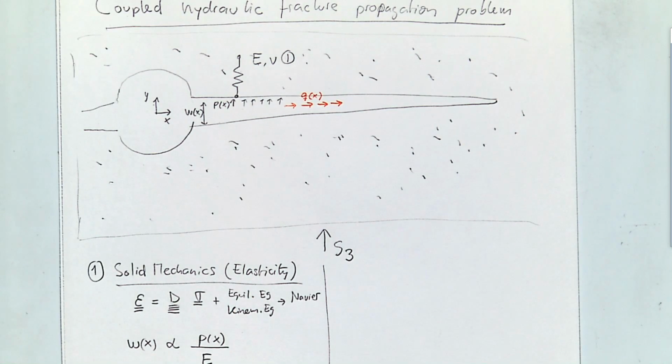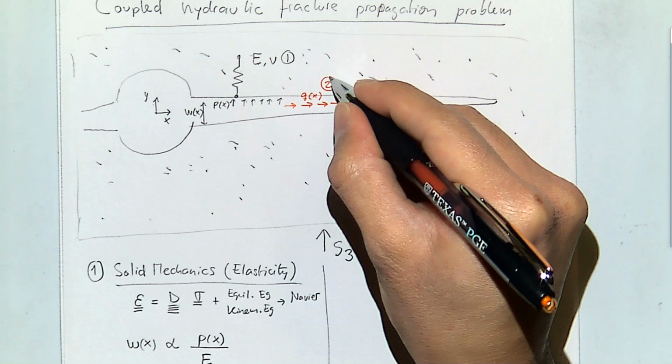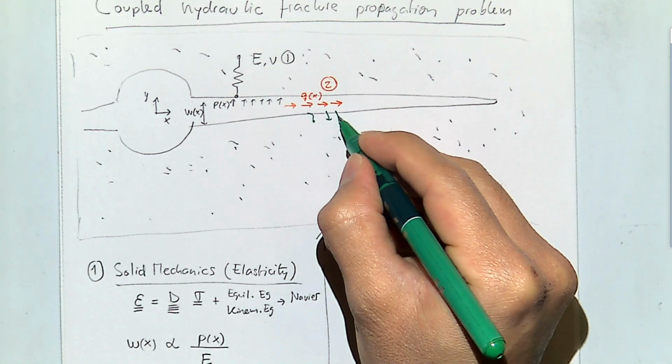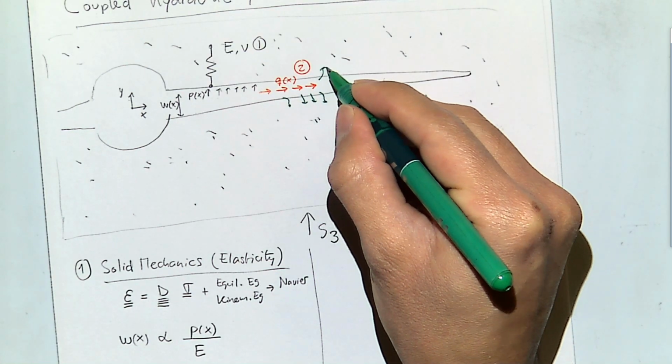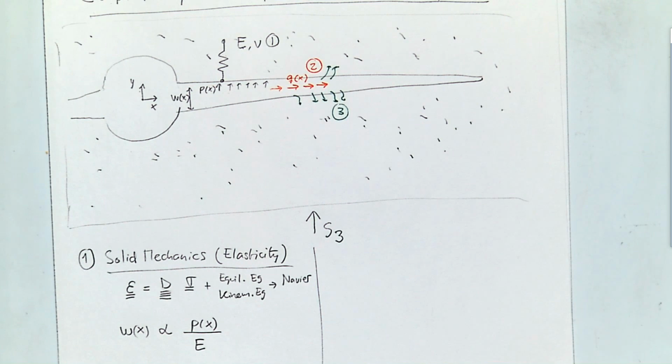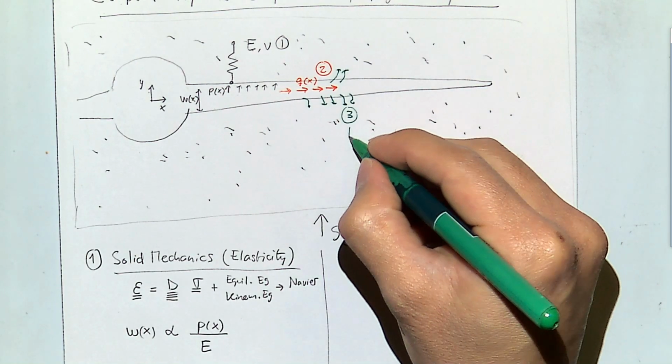Why? Because some of this fluid, this is going to be process number 2, some of this fluid is going to get into the rock and is going to leak off into the rock. We're going to see how we address that.